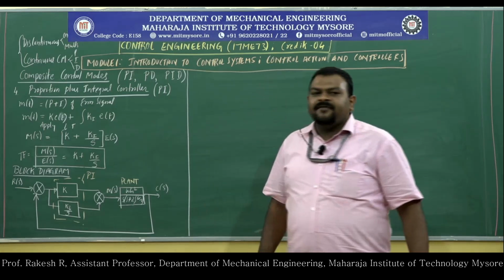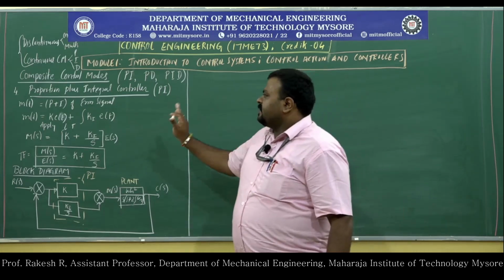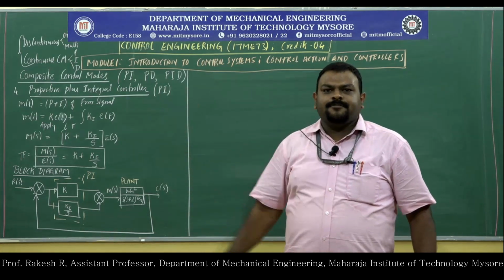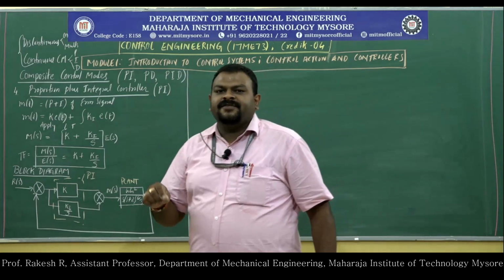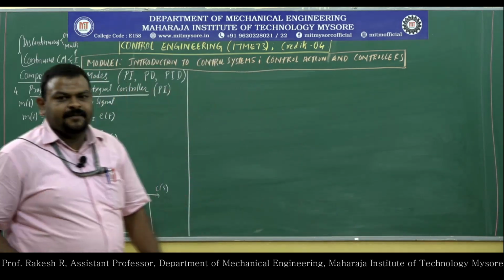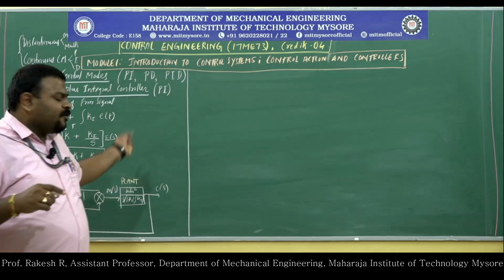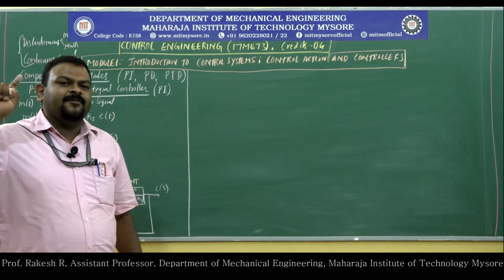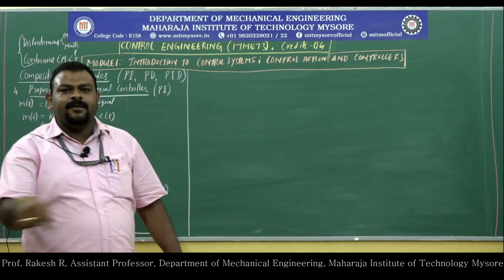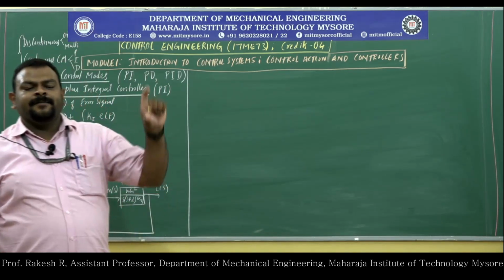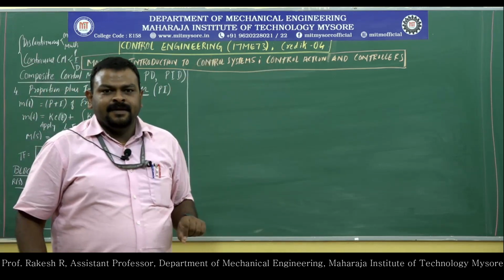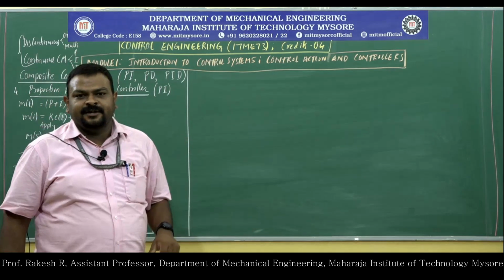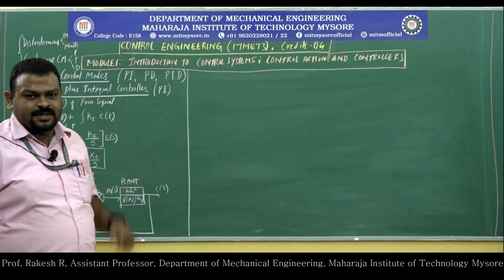In other words, proportional plus integral controller will be good for steady state response. But because of the change in order and type of the system, that is the S term increasing, the transient response of the system will be affected, because damping will be affected and the amplitude of vibrations will be varied. Because of this, we won't get a stable output in the case of a PI controller. That is a limitation of this.